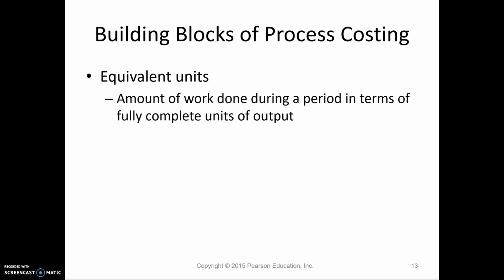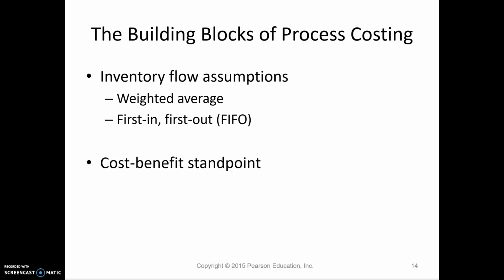So an equivalent unit is how many fully completed units we would have if we put the partially completed ones together. So for example, if our ending work in process is halfway done, we have to put two partially completed units together to get one equivalent unit. So that's what we're going to be looking at in process costing, and we didn't factor that in under job costing.